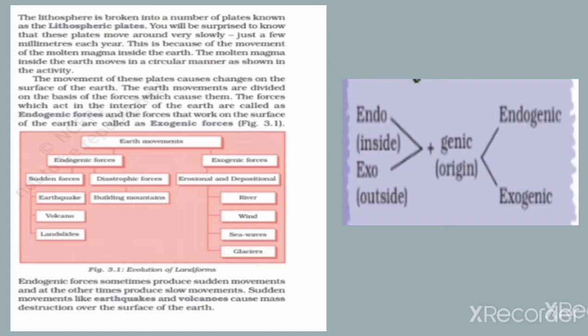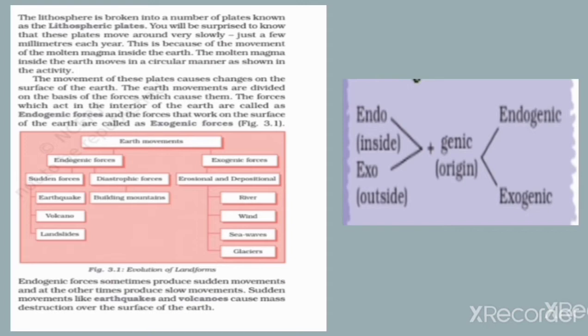Earth movement is divided into two types of forces, that is the exogenic forces and endogenic forces. By name, we can figure out exo means outside, endo means inside. So, the exogenic forces are rivers, wind, sea waves, glaciers.